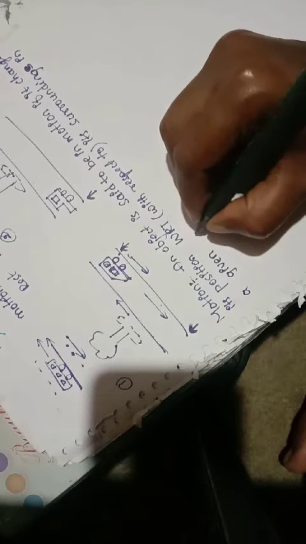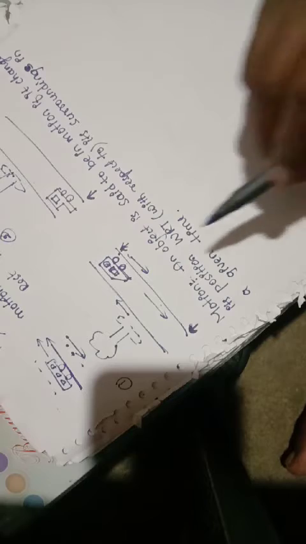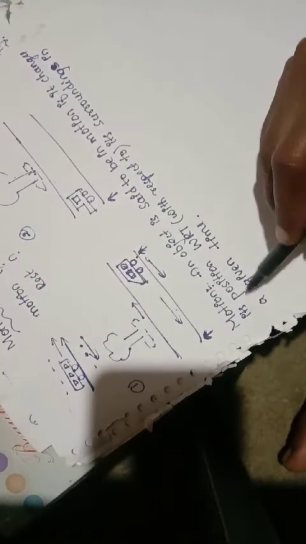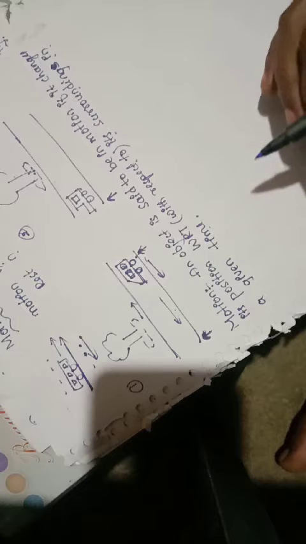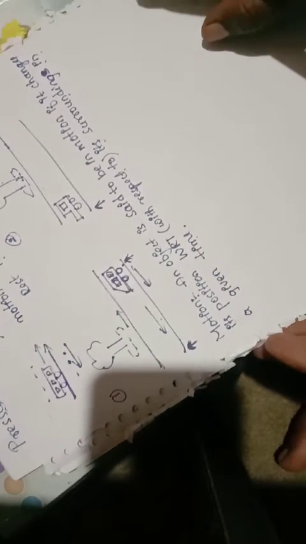In short form I'll write WRT, but you don't write in short forms, okay, with respect to. So what is motion? An object is said to be in motion if it changes its position with respect to its surroundings in a given time. In a given particular interval of time, if the object is changing its position with respect to surroundings, then it is said to be in motion.